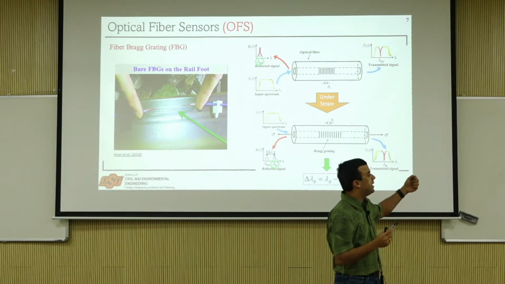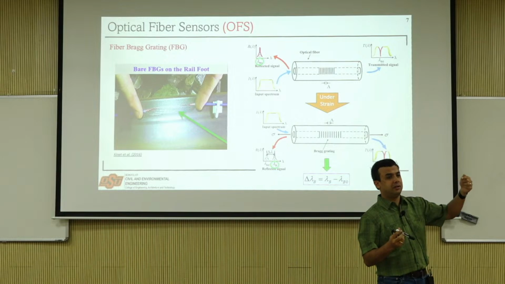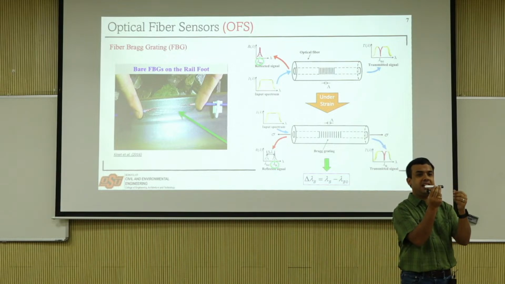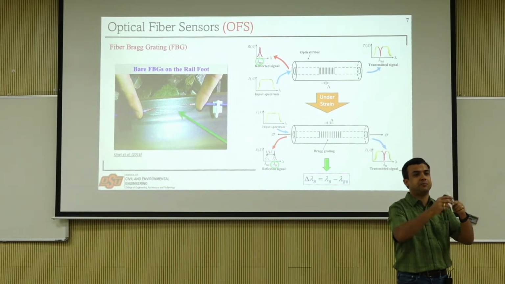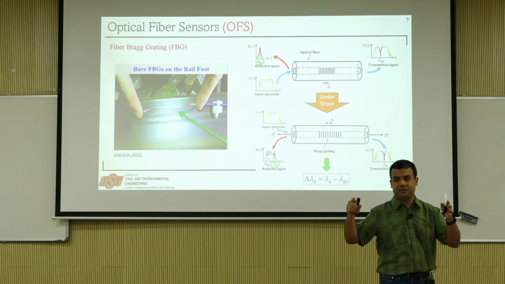When you send light, laser, through an optical fiber, a glass basically, a light is a spectrum. It has many wavelengths.